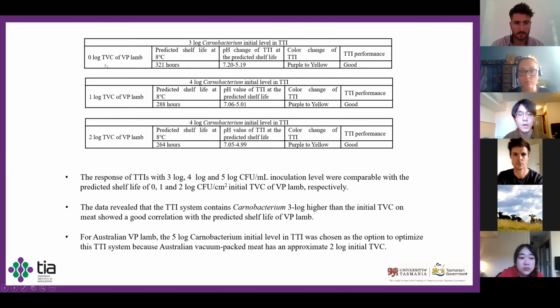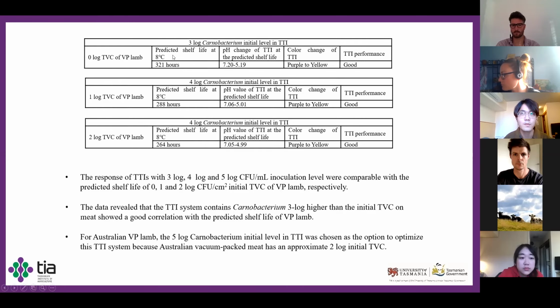Through multiple comparisons between the experimental data and the predicted shelf life, we can conclude that the TTI system containing 3 log higher Carnobacterium than the initial TVC on meat showed a good correlation with the predicted shelf life of VP lamb.